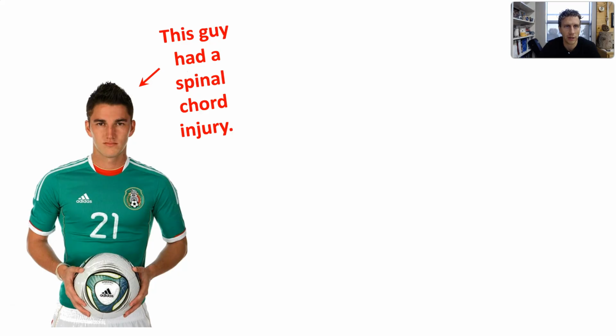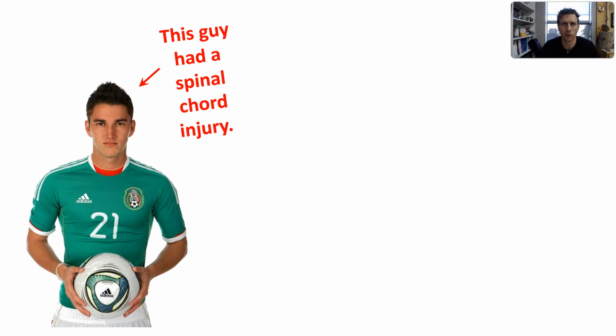So, here is a footballer, a soccer player, and he has had a spinal cord injury. Okay? When you get a cut on your arm, right, then the cells will do cell division to repair that cut. Nerve cells are tricky. They do not easily divide and divide to fix a break.